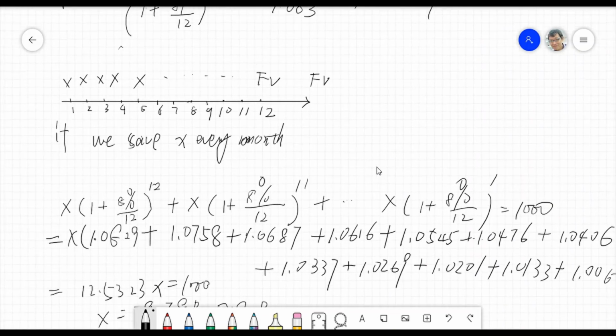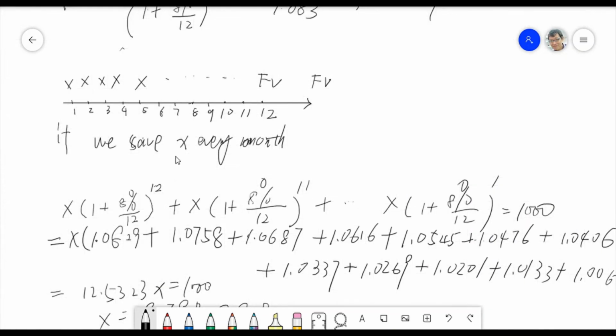If we save X dollars every month, for January it will be 12 months of interest. For February, the same amount, that is 11 months.